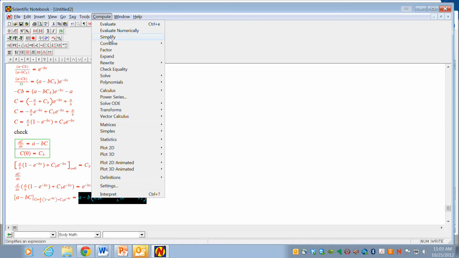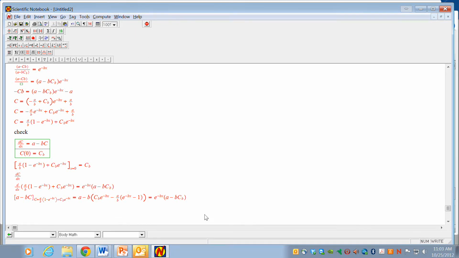Let's try this. So that simplifies down to this result. So this is the derivative. We work it through and we get that. And that's this side. This side we substitute in and we get that expression. They are equal, and so we essentially are checking the solution. This expression for concentration satisfies that equation there.